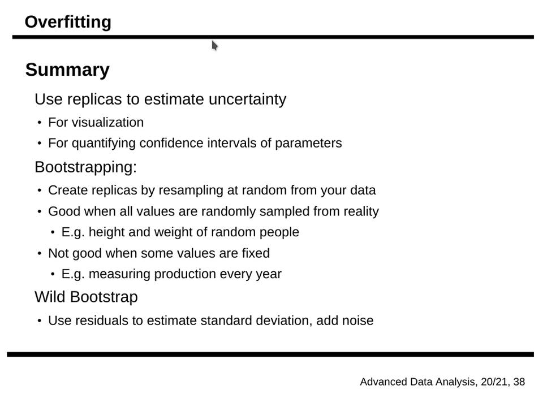So, for example, the height and weight of people who participate in those studies have been sampled from the population in general at random. So if we resample from the data, we get something that is approximately distributed in the same way as the original data that we have. So bootstrapping is good for those occasions.